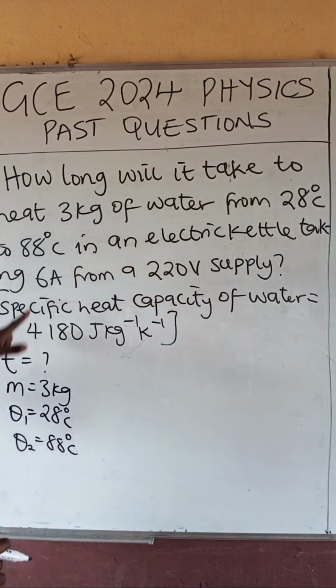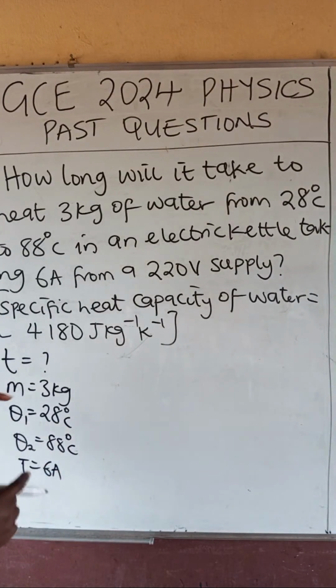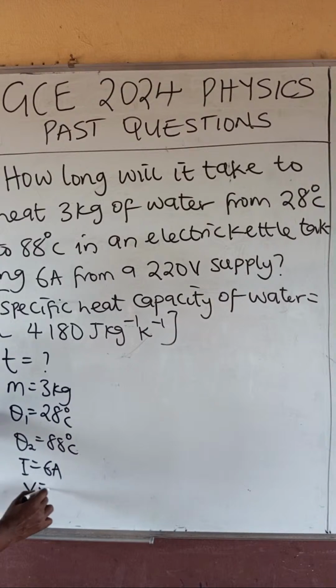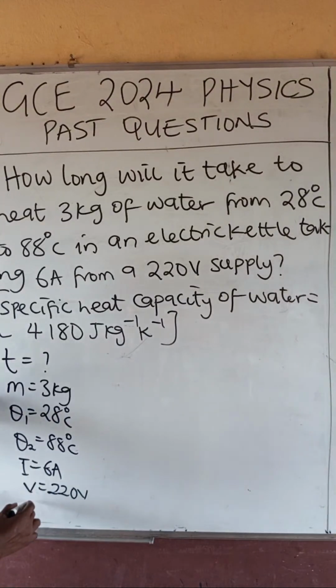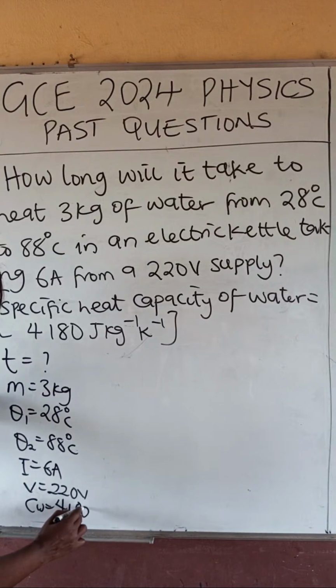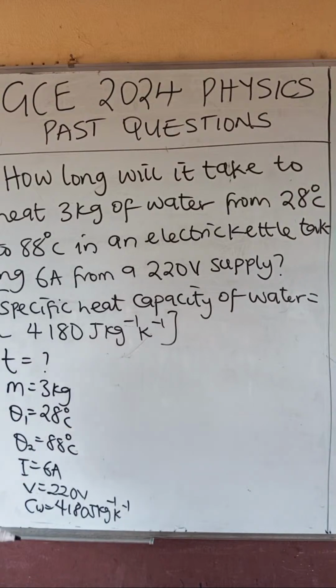Okay? All right. And a current, that is I, of 6 amperes, and the PD, potential difference, of 220 volts, right? And we're given the specific heat capacity of water, that is C_W, to be 4180 joules per kilogram per Kelvin.